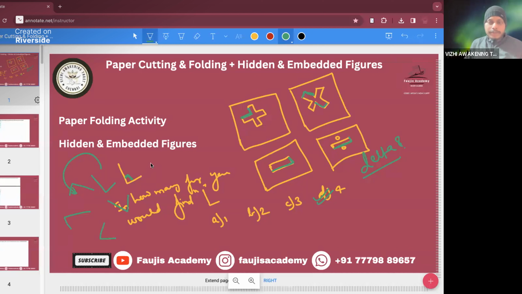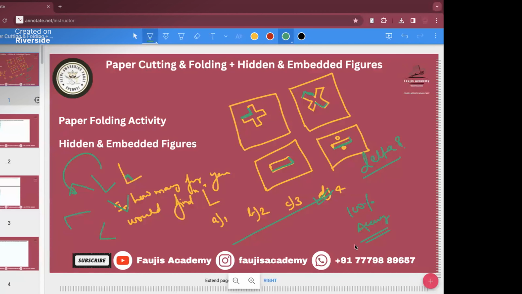Is it a too tough concept? If they ask you paper folding, cutting, and embedded figure questions, can you do it with 100% accuracy? Yes or no? Yes, sir.